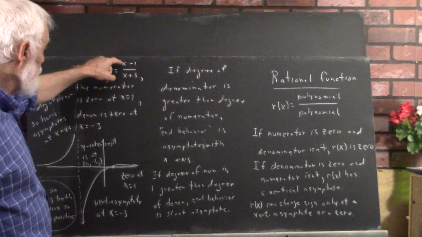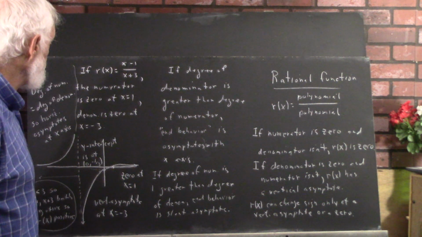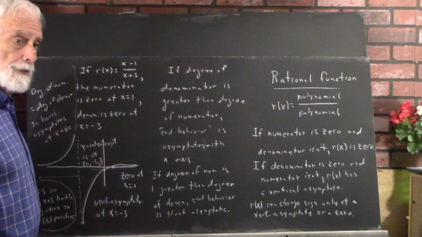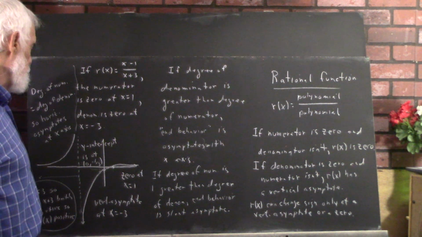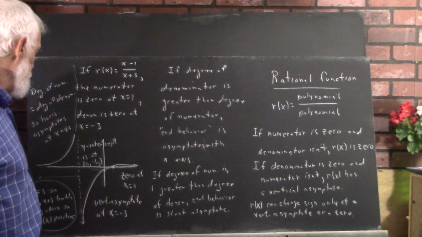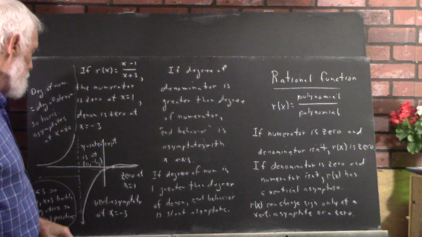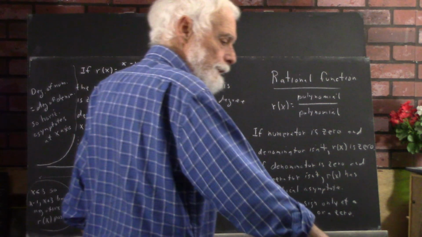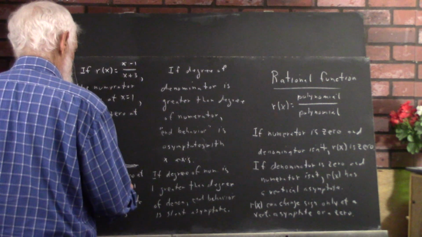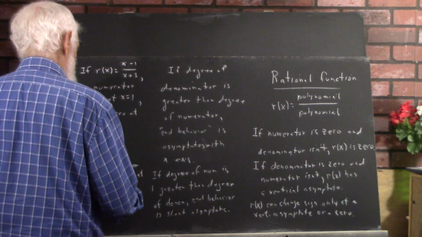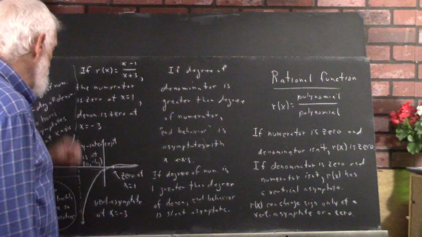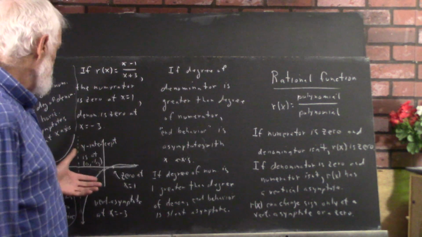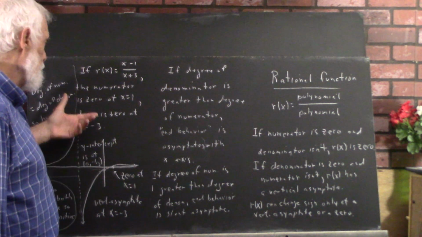R of x is x minus 1 divided by x plus 3. For this function, the numerator is 0 when x is 1, and the denominator is 0 when x equals negative 3. So if you start constructing the graph, you first write the 0 at x equals 1, and that would be here. The vertical intercept, you always want to calculate the y-intercept by letting x equal 0.